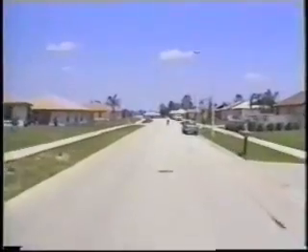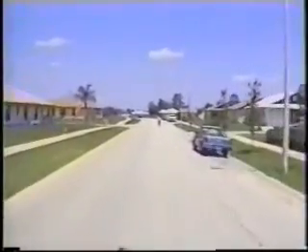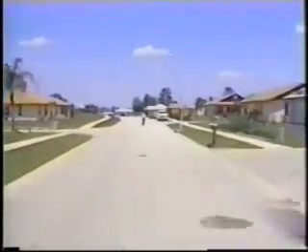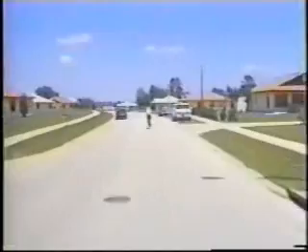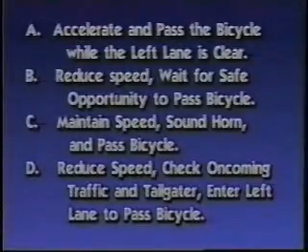P4. The bicyclist is partially blocking your lane. You are driving 40 miles per hour and being tailgated. Decide the most appropriate hazard avoidance action. A. Accelerate and pass the bicycle while the left lane is clear.